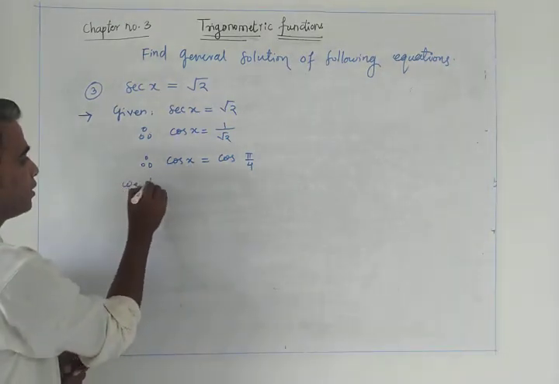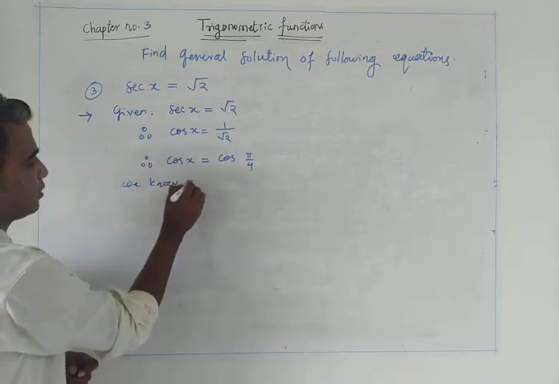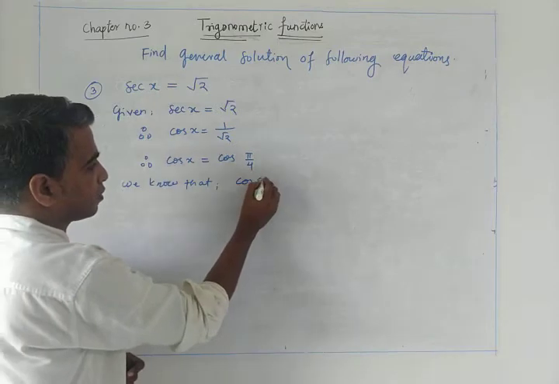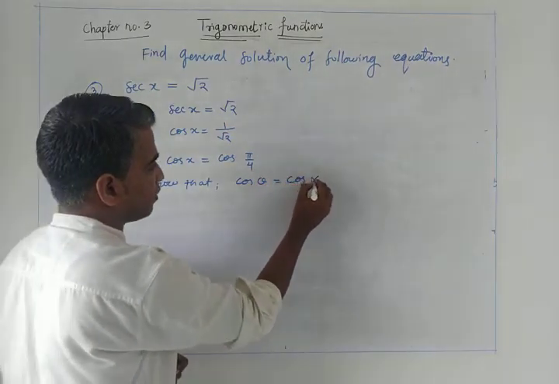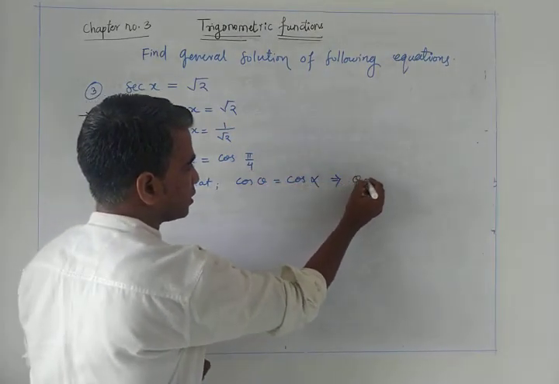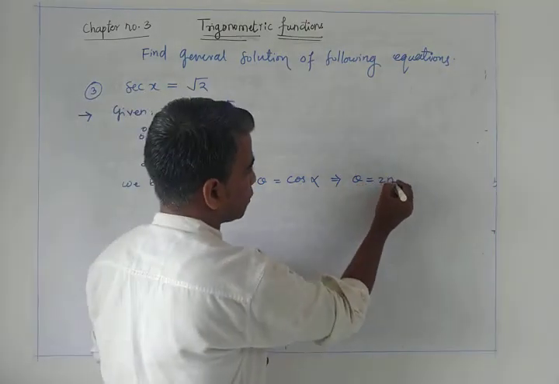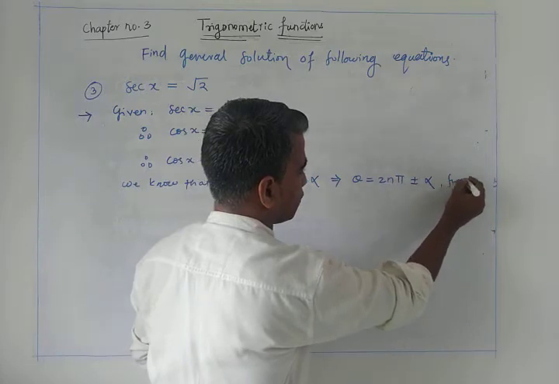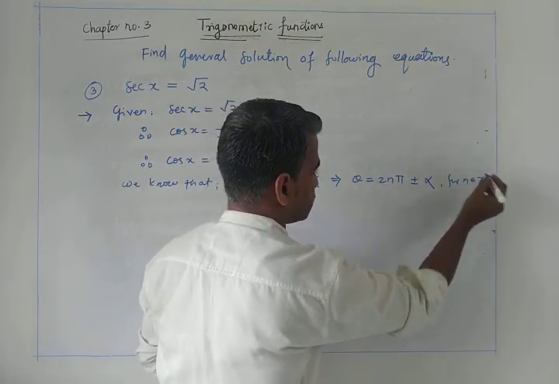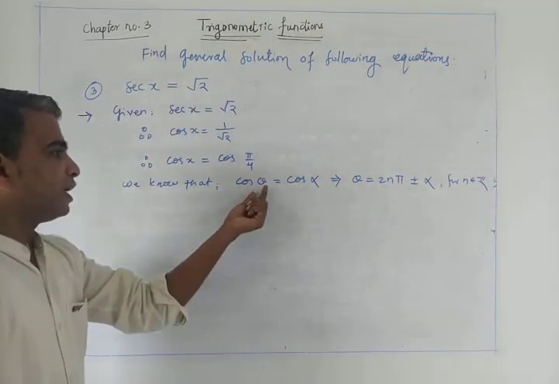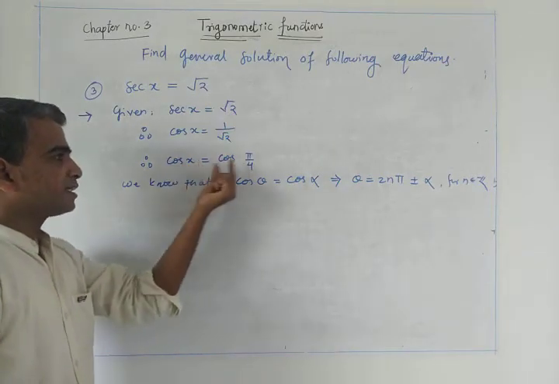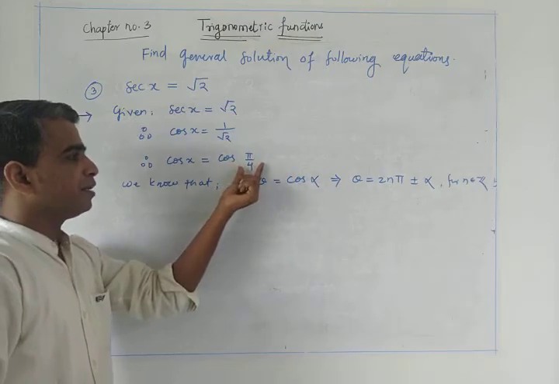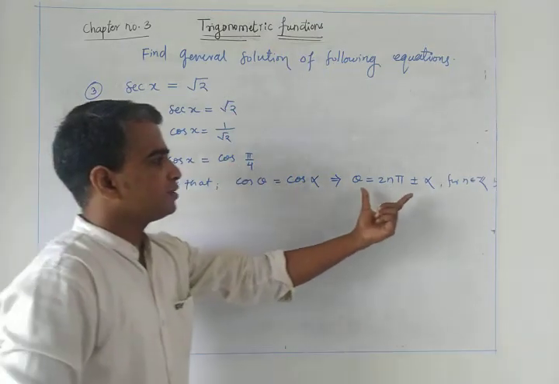So we know that cos theta is equal to cos alpha implies theta is equal to 2n pi plus minus alpha for n belong to z. So theta and alpha must be known. So theta is x and alpha is pi by 4.